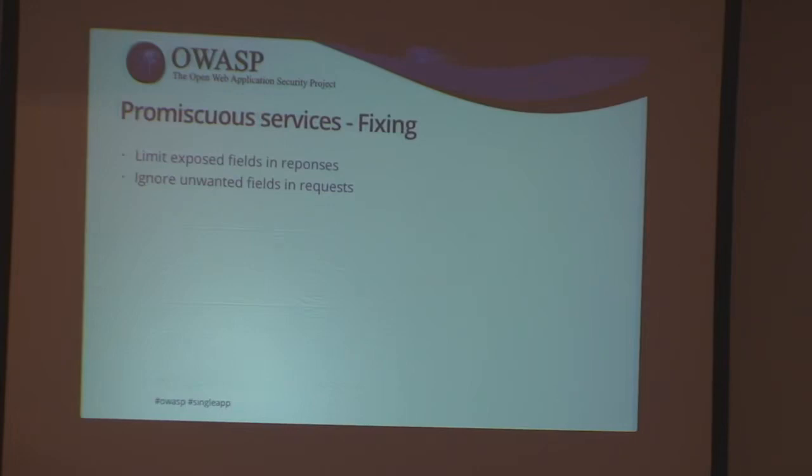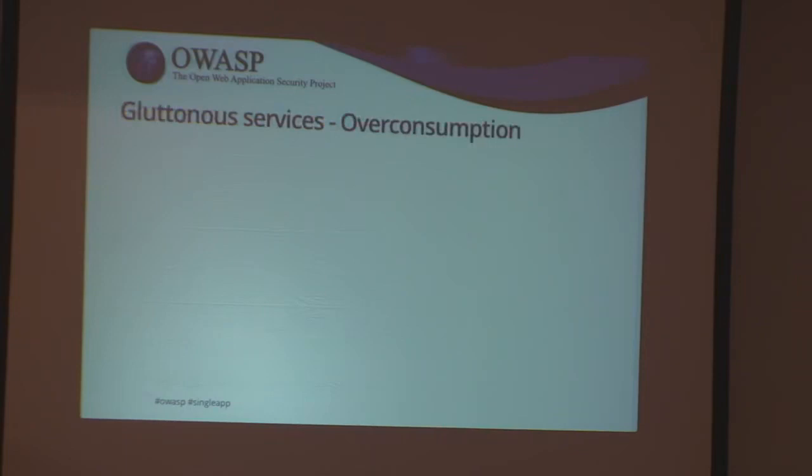And then we have a very clear idea of how we're moving back and forth between our internal and external objects. And we can very simply make sure that things are working the way we want it to. We can change things internally without breaking our API, and we can have multiple versions of our API in a really easy way. The next thing is overconsumption.